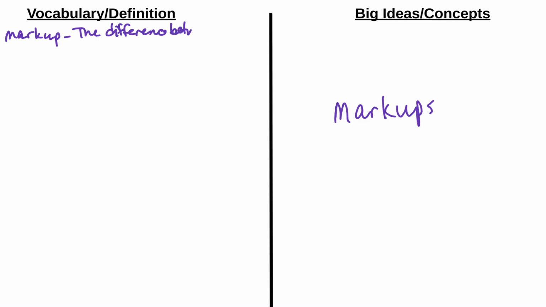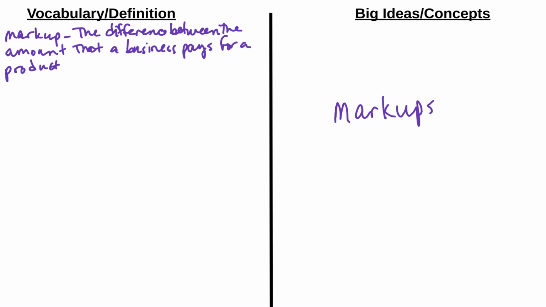between the amount that a business pays for a product and the amount the business sells the product for.